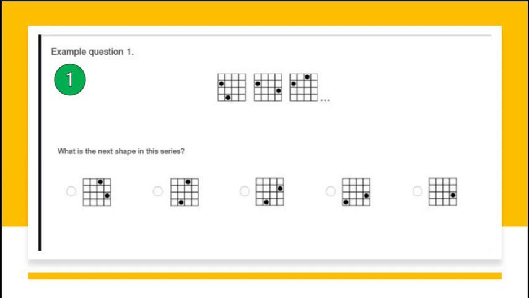But of course, the airlines don't ask me for my opinion. So, example 1. You've got to figure out what the next step is. After 1, 2, 3, what comes 4?